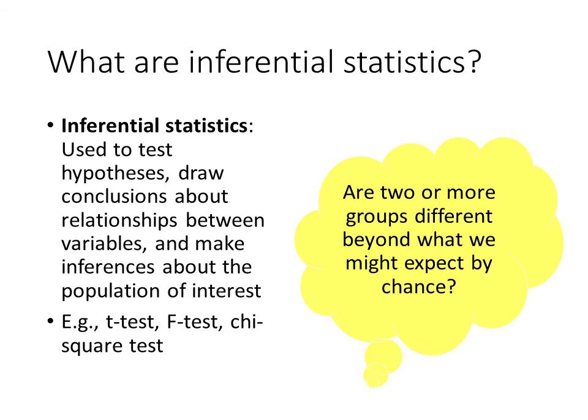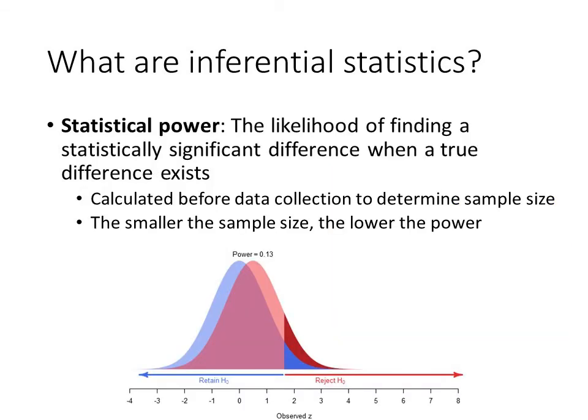One of the questions that students often ask me is, how do I know how many people I need to survey or include in my experiment? It has to do with statistical power. This is the probability of finding a statistically significant difference when there is, in fact, a real difference there.